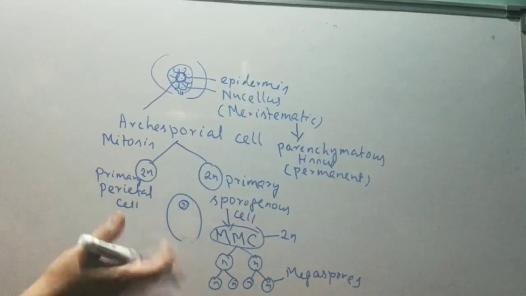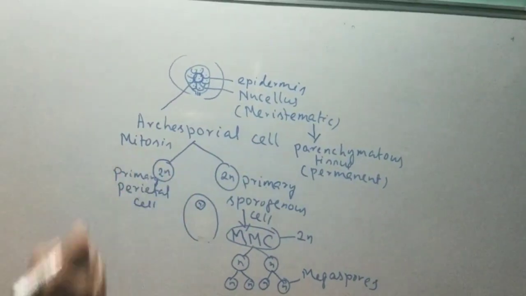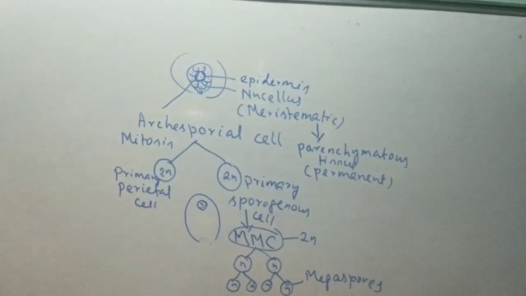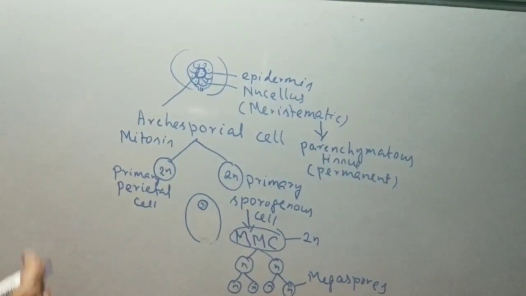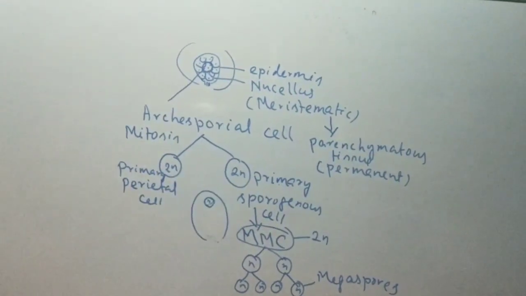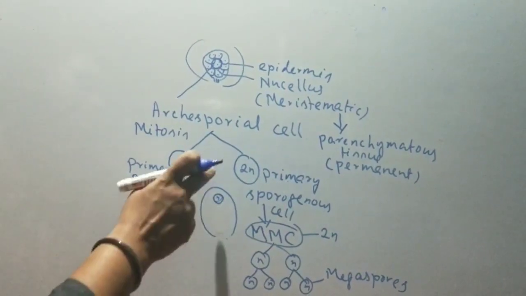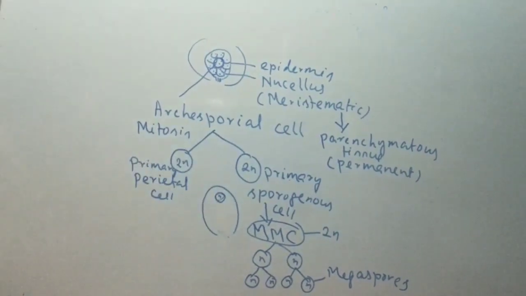The other 3 will disintegrate. So that might be a question: which megaspore will be functional, the one towards the chalaza or towards the micropyle? It started from the micropyle, but the functional one is present towards the chalazal end.